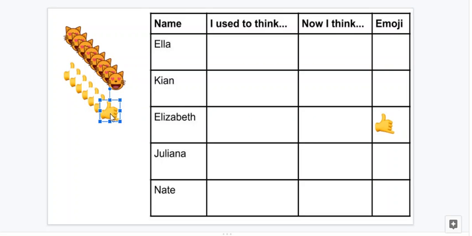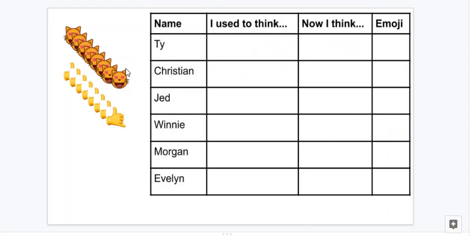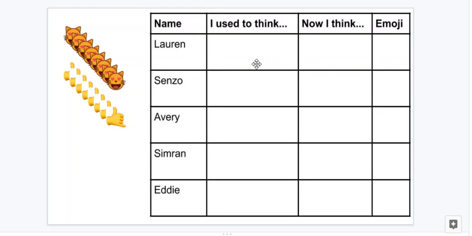Okay, we are not making these bigger or smaller. Okay, we're not typing in anybody else's box. We're just picking one emoji for one person's response and dragging it to this emoji box.